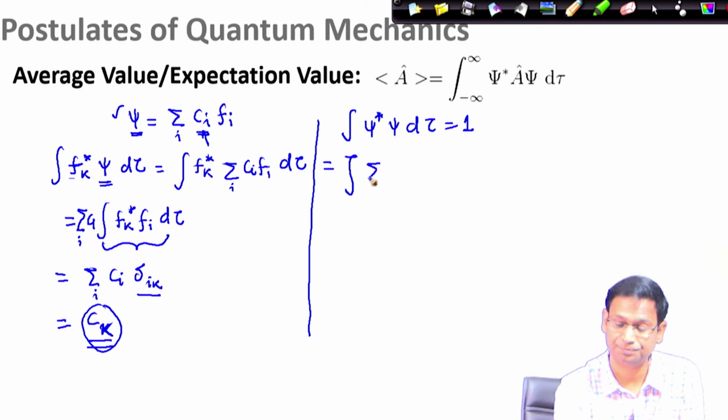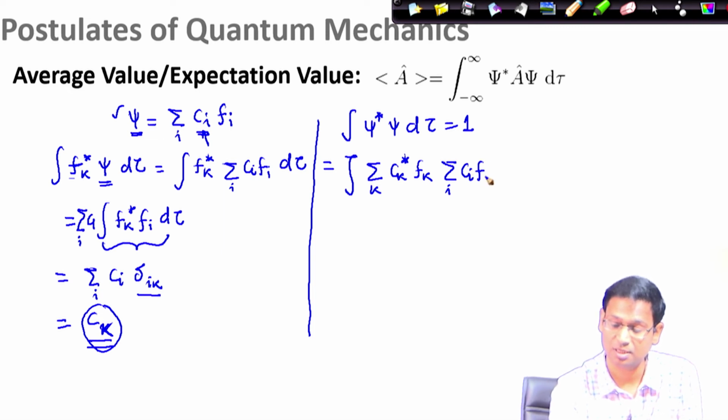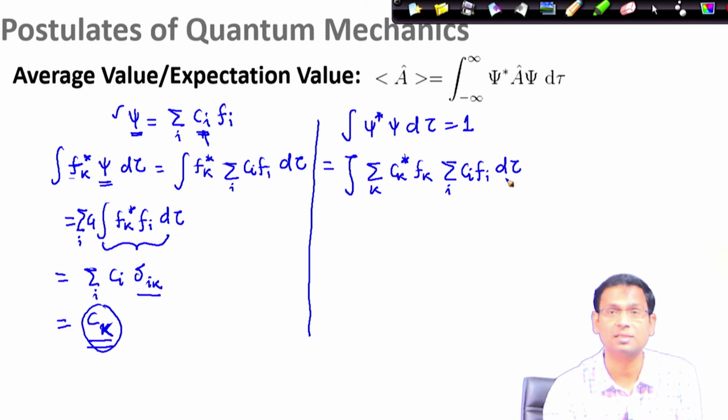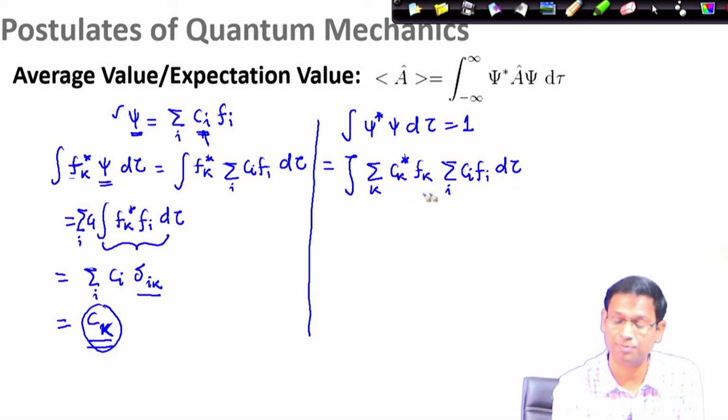So, psi star, you would notice that when I have two expansions to carry out, I am choosing two different indices for this expansion. That is just to make this derivation very general, because if I keep both the indices same i, then I will lose out many other terms. So, this is important to remember. When I have more than one expansion to carry out, I should choose two different indices, so that even when i and k are not equal, then also I can have those terms in my expression.